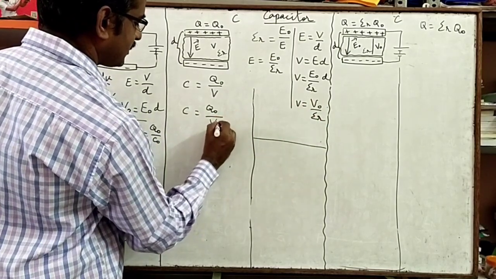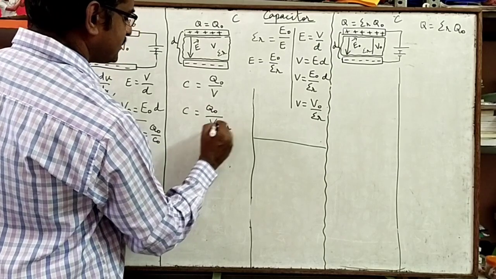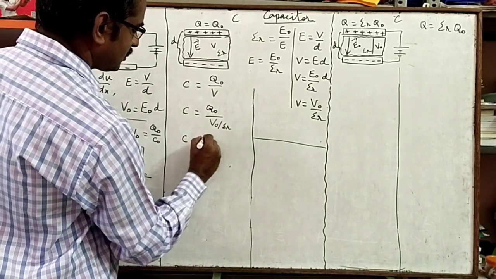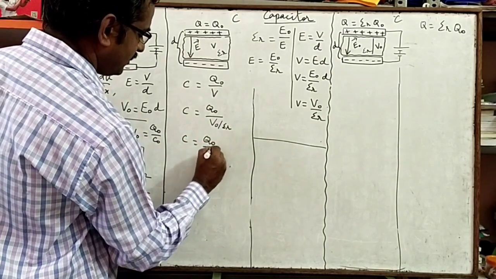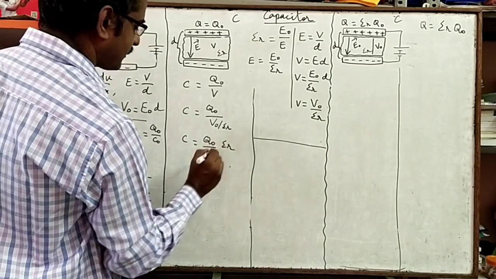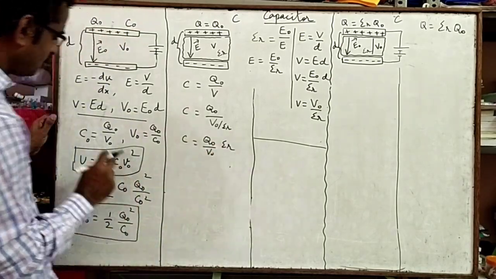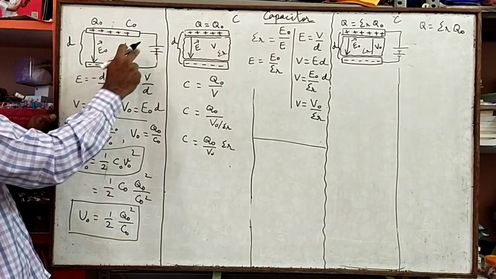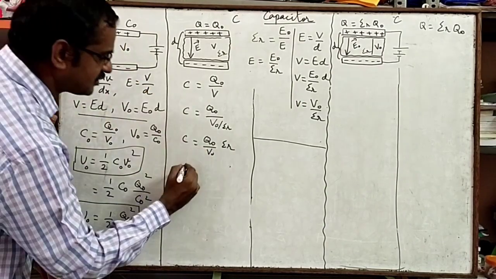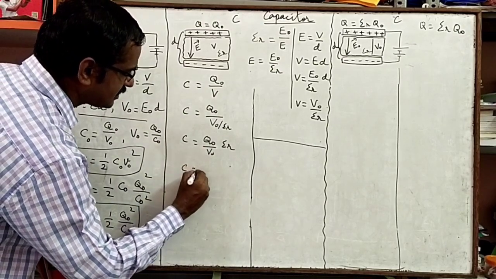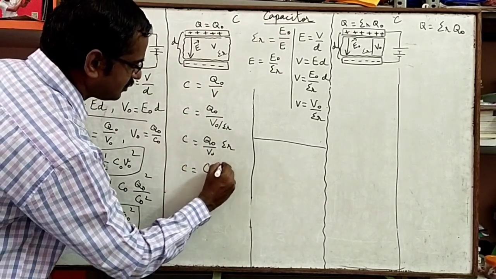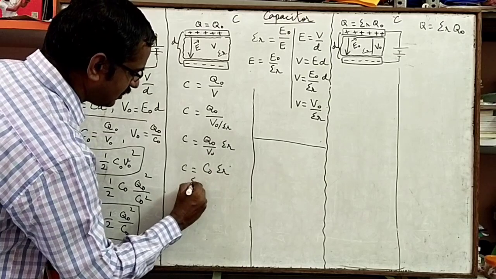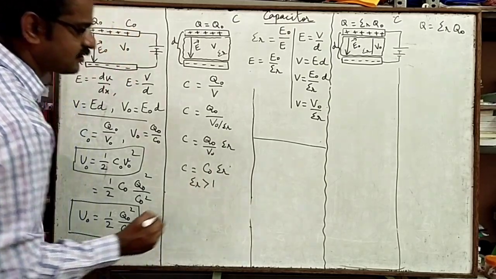That is V naught divided by epsilon R, which is equal to Q naught divided by V naught into epsilon R. Q naught by V naught is capacitance of the capacitor without dielectric. So that can be substituted here. Then we get C is equal to C naught into epsilon R. Epsilon R value is always greater than 1.